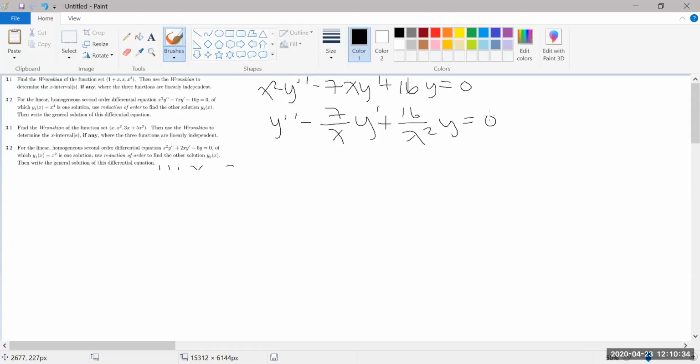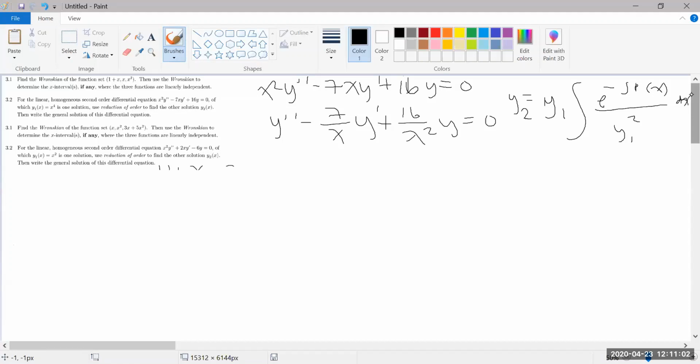Okay, so if you remember, the formula we use for reduction of order is y2 equals y1 times the integral of e to the negative integral of p of x, divided by y1 squared dx. So we're going to plug our values into that formula.